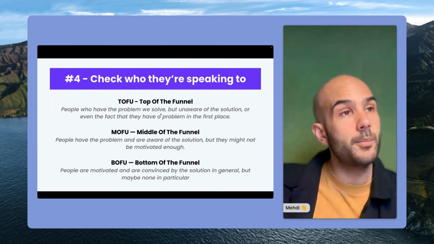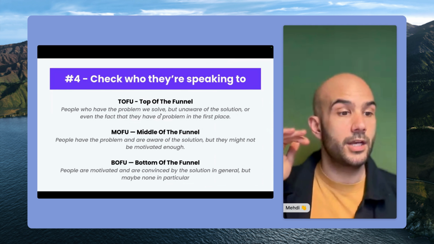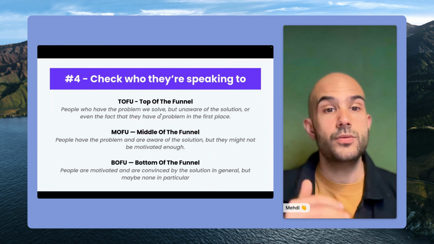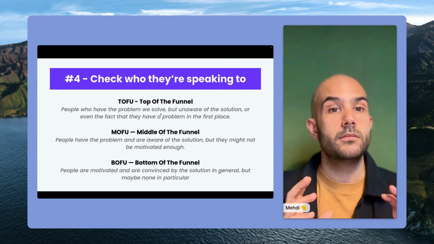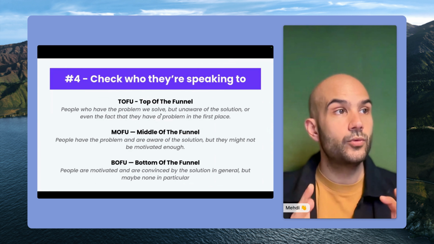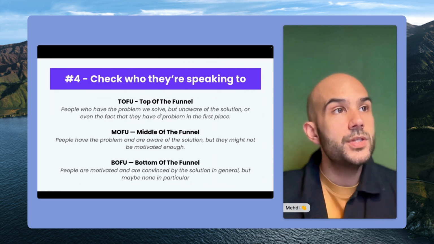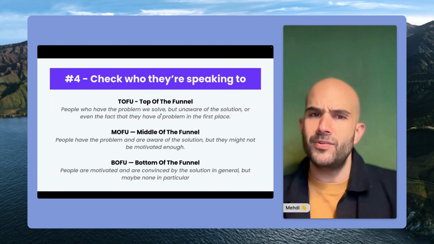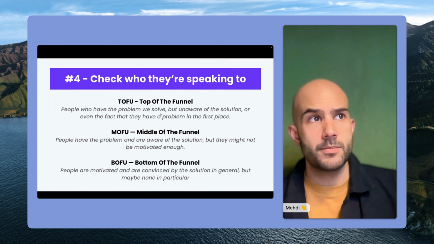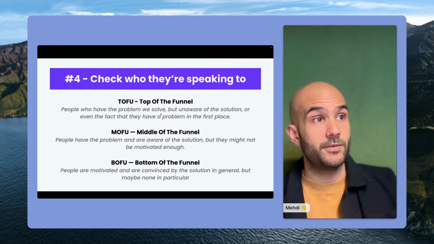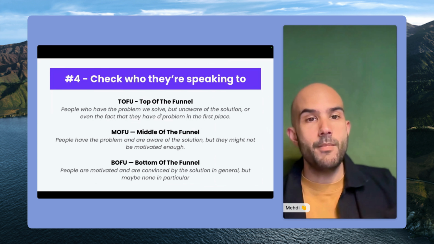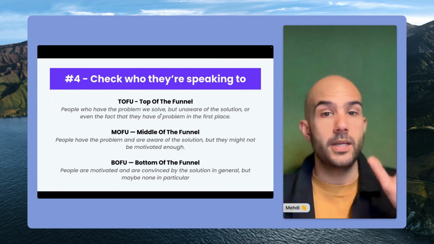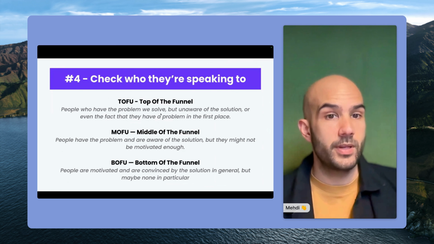We can address a top of the funnel audience, someone that doesn't know if they have an issue, or which kind of issue, and just advertise to them to let them know that maybe they have an issue that they might be able to solve. That's a lot of education, and that's a very specific kind of ad that your competitors might run on very specific channels. They might be killing it with this, even if they're not spending a lot of money.